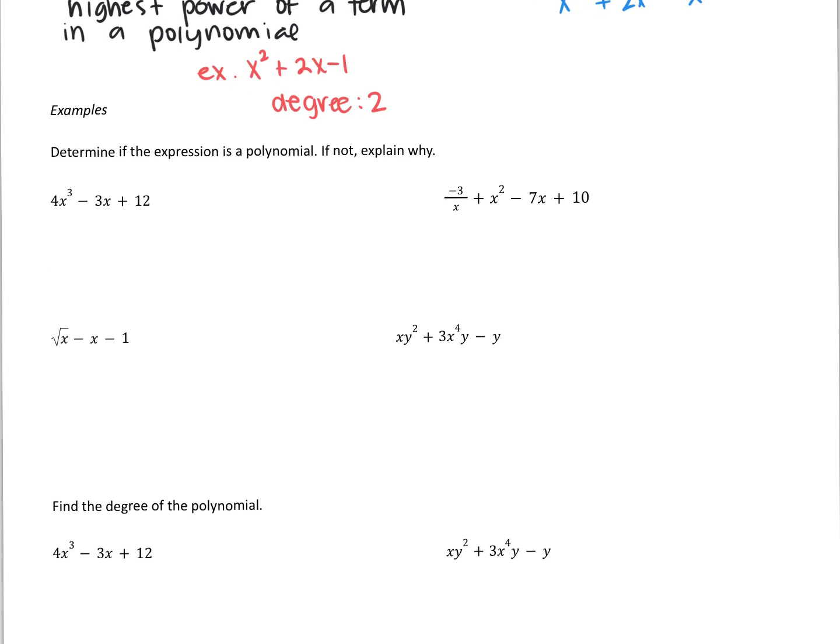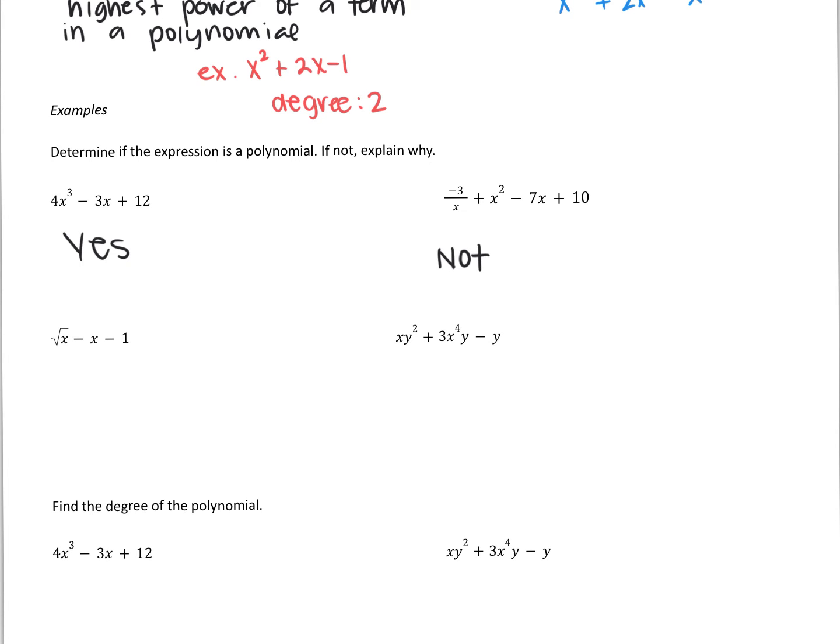We're going to first determine whether or not an expression is a polynomial, and if not, explain why. 4x cubed minus 3x plus 12 is a polynomial. I have variables and constants, and all positive exponents. My next example, -3/x plus x squared minus 7x plus 10, is not a polynomial.